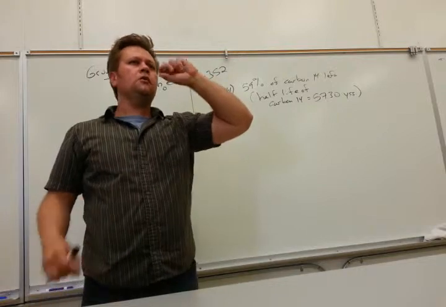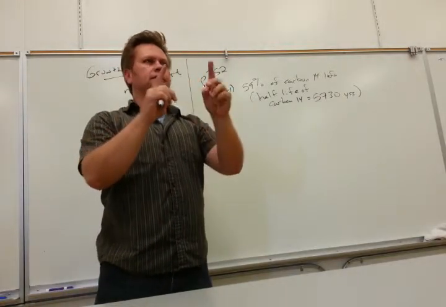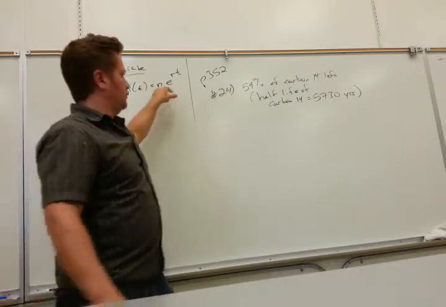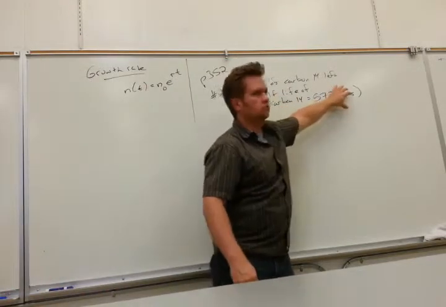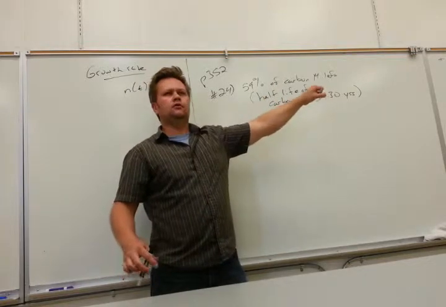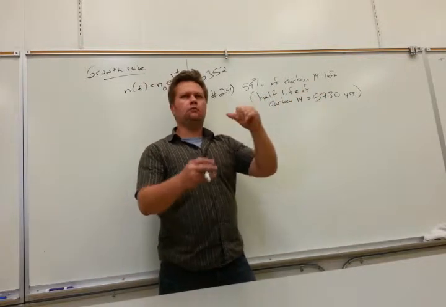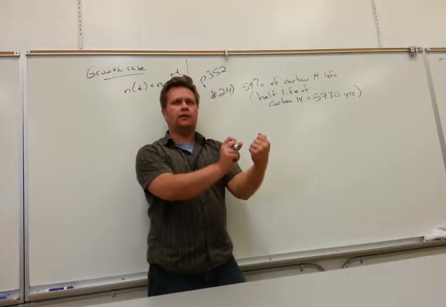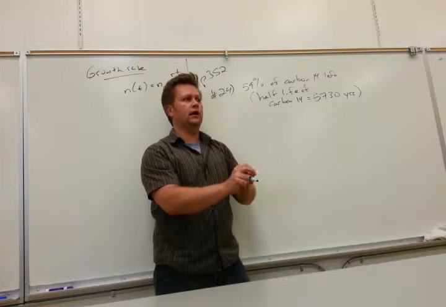To tell you honestly, this is the way I would tackle this problem. I would use this equation. They've given me an entire situation here. Half-life of carbon-14 is that. So what does that mean? We did one like this last time with specific numbers, and then we said, did I really have to tell you anything about the numbers? I just had to tell you there were half of them left.